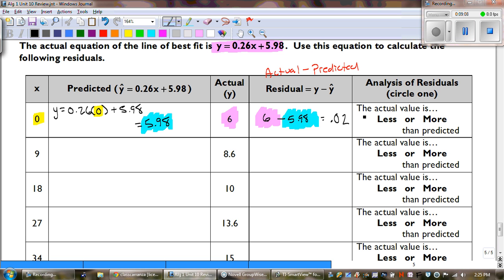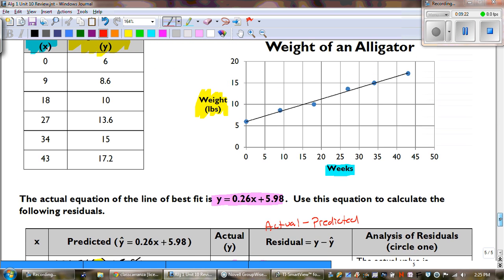Okay? And is that more or less than the predicted value? Okay, it's positive, so it's saying that's more. All right, and if we look at it, that was our first point. Our first point was slightly higher than the line.